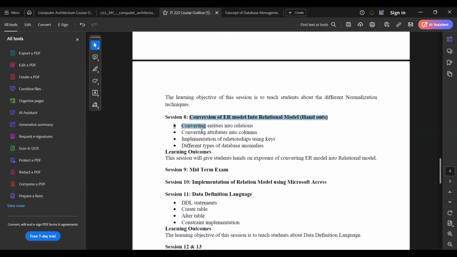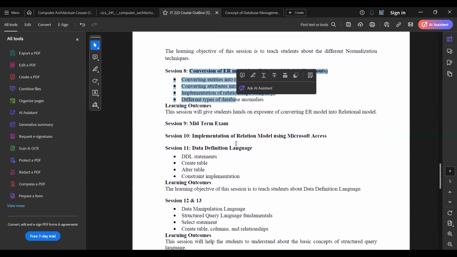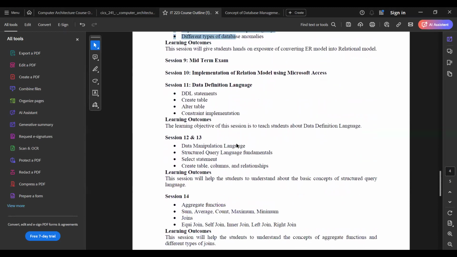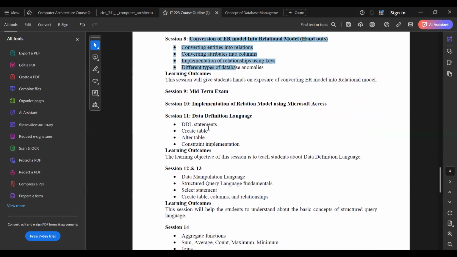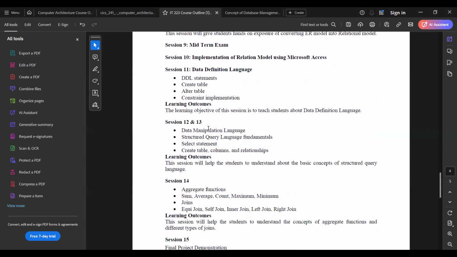And then over here, we'll convert the ER model into a relational model. So we'll see how we can convert it and do that. You will do your midsem. Then we'll come and learn the data definition languages: create, alter, constraint, and all of those things.